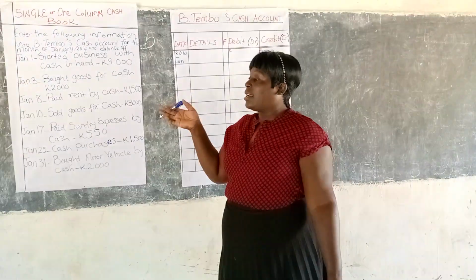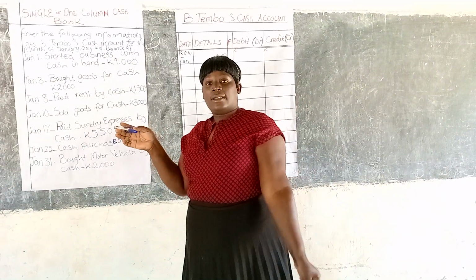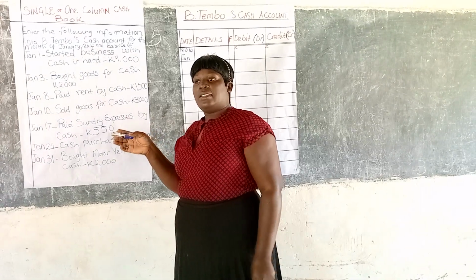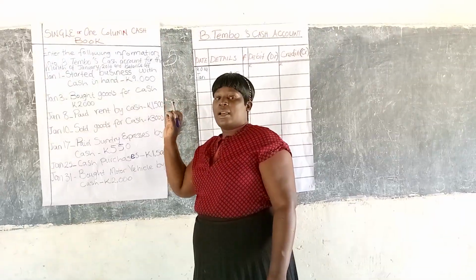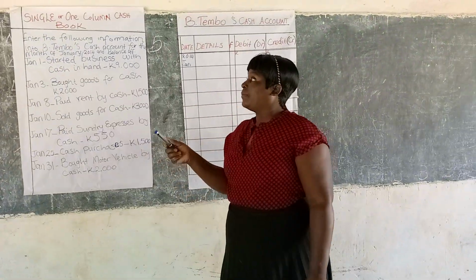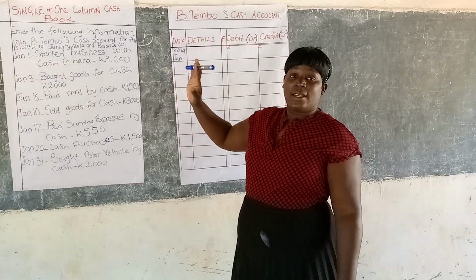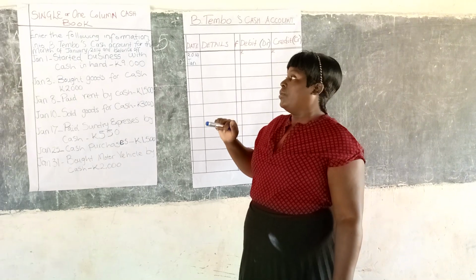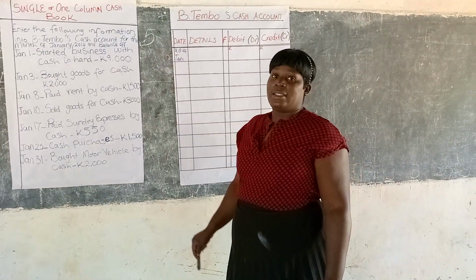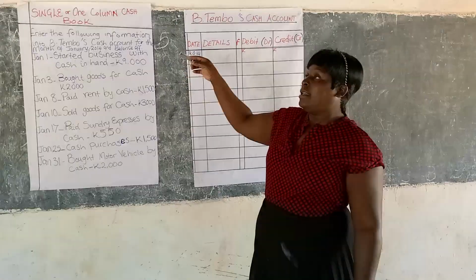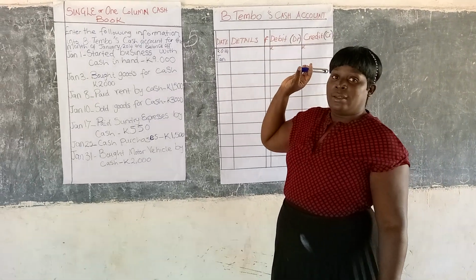Then the 3-column cash book records the cash transactions, bank transactions, and the discounts. Okay. So coming back to our lesson today, we are going to specifically look at the single column cash book, which records the cash transactions, and it is called the cash account.